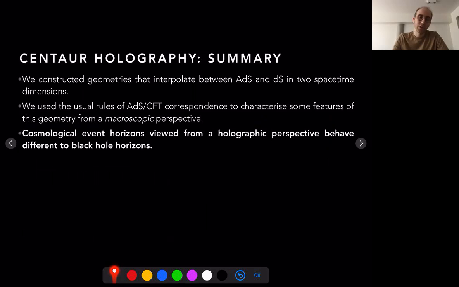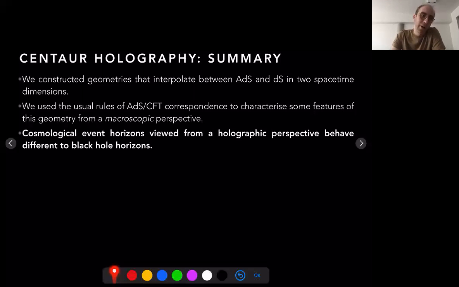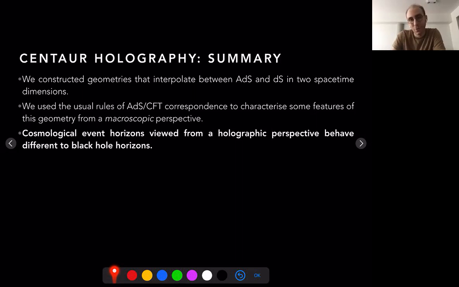Once we have these constructions, we can use the usual AdS/CFT correspondence to characterize these macroscopic geometries, and we have quite a lot of evidence to say that cosmological event horizons, viewed from this holographic perspective, behave differently to black hole horizons, even though they do have a temperature and an entropy, like Gibbons-Hawking were telling us.